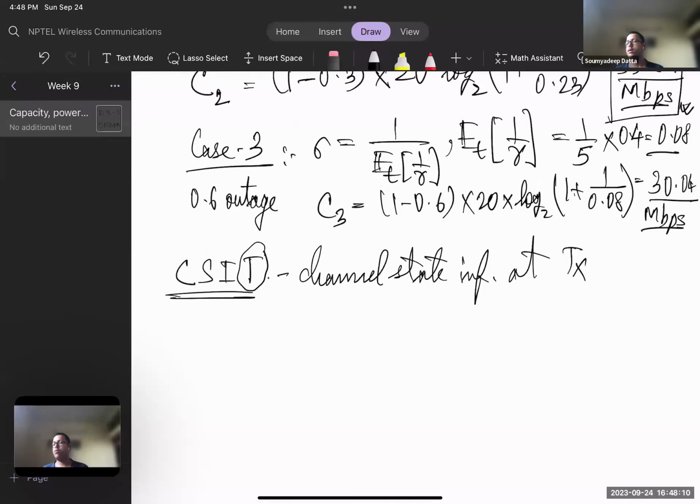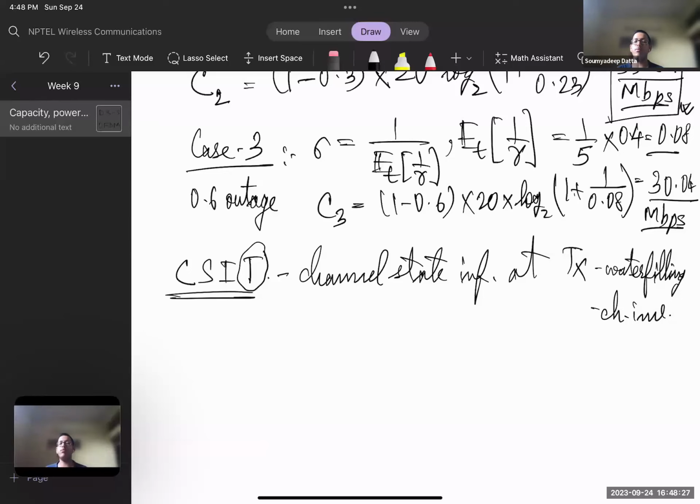Only then can you do things like water filling and channel inversion. What you do in channel inversion is you want the channel to look like an AWGN channel.